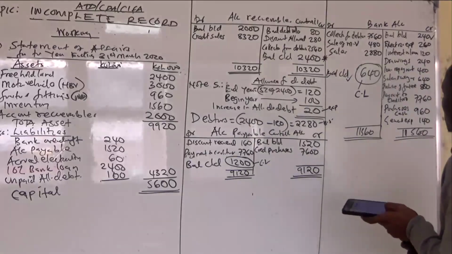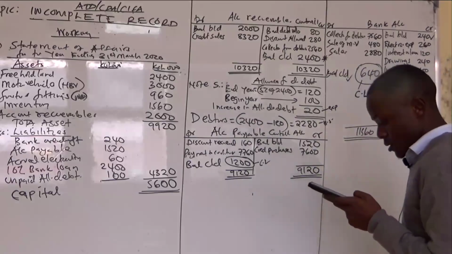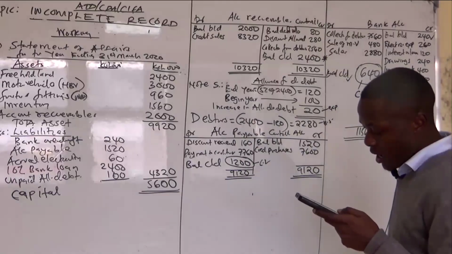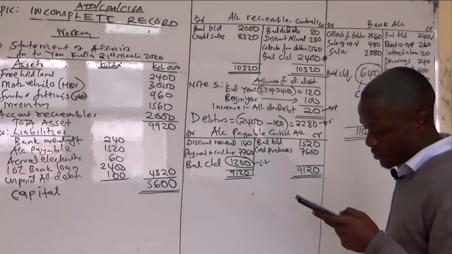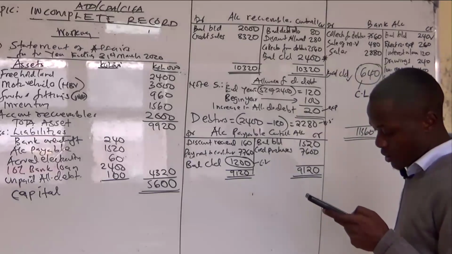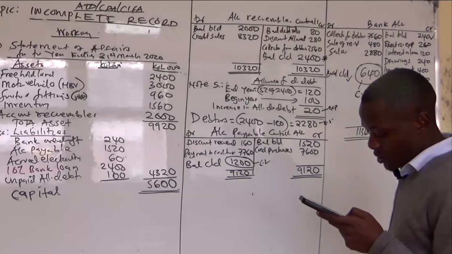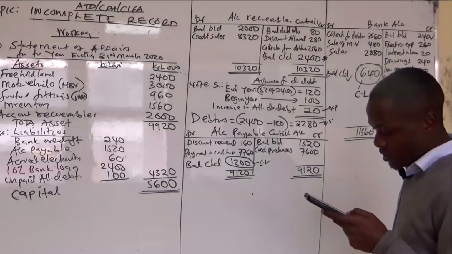So hizi adjustment ushaona jinsi ya kupata bank. Wacha tuende kwa any adjustment yenye hatujafanya. Kama kulikuwa na depreciation hapo, wamefanya depreciation hapo sana. Inafaa tufungueko depreciation account. Tuone ni gani itafanyika. Na hii depreciation account, tunaiona asset that was disposed.